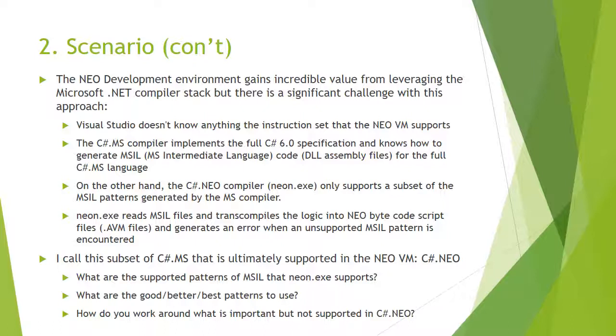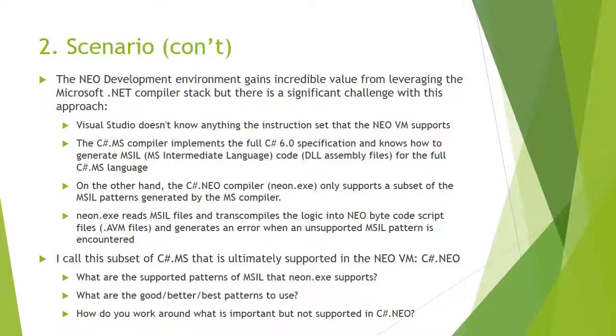C#.ms implements the full C# 6.0 specification and simply knows how to generate MSIL files for that full C# language. On the other hand, the C#.neo compiler for .NET, the neon.exe, only supports a subset of the MSIL patterns generated by the compiler. So you've got the Microsoft environment supporting the full language, but we have an execution environment, the Neo VM, and the compiler that only understands a subset of those MSIL patterns.